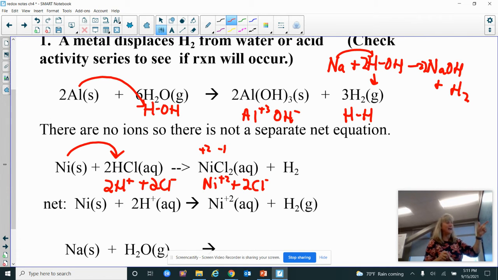Then the hydrogen gas that's formed is not ionic. It doesn't form ions. So then the complete ionic would be here in the red. Nickel plus that goes to those two ions plus H2. So what's going to cancel is the chloride ions. So the chloride ions cancel, and then here's your net: nickel solid plus 2H plus goes to nickel 2 plus plus H2.